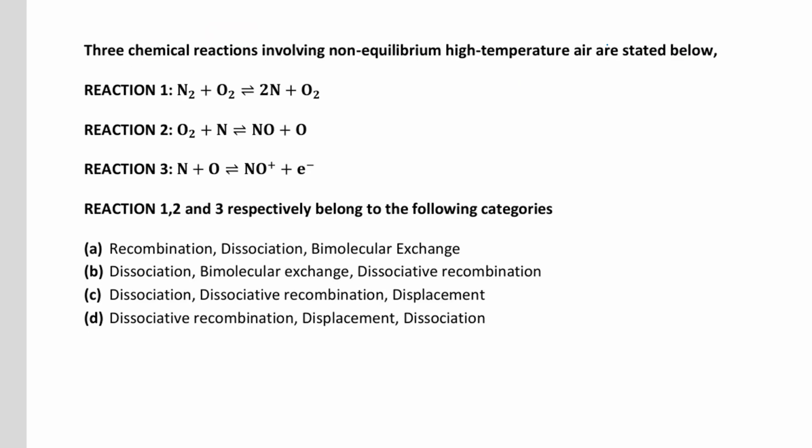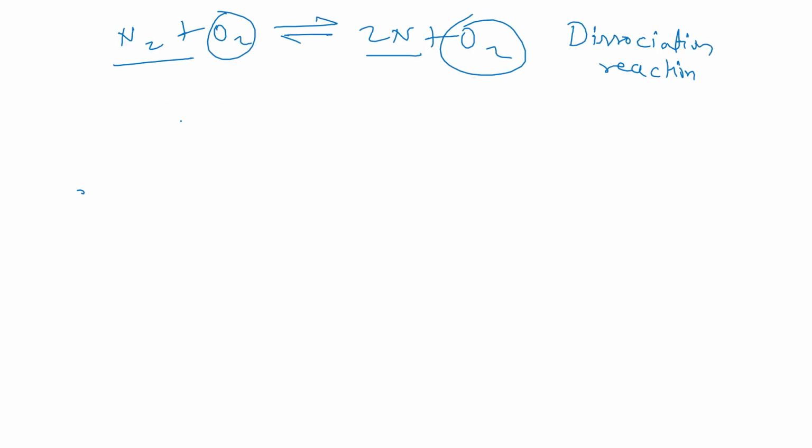Second reaction is O2 plus N gives NO plus O. You can see here that O2 and N are reacting, and one atom of O is leaving while the other combines with N and it is becoming NO. So what is happening here?